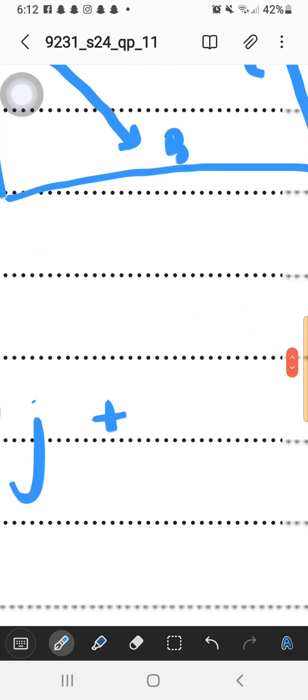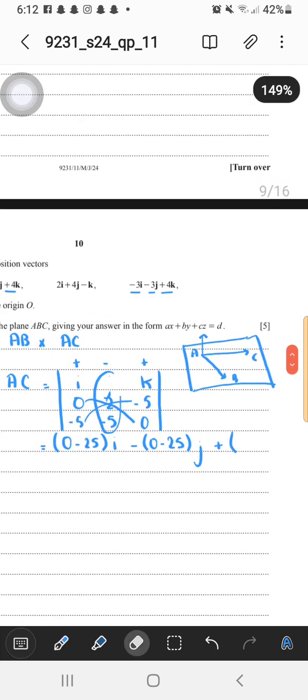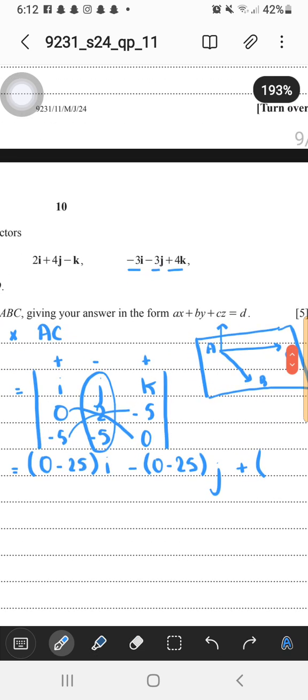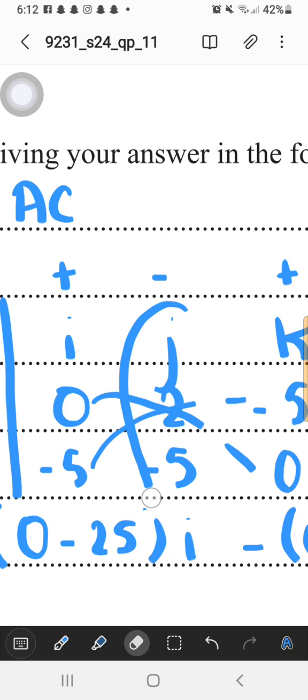Then third is plus. Okay, I have to clean it. Wait for a bit, give me 1 second. Not 1 second, it can take 1 minute, so you can skip till there.